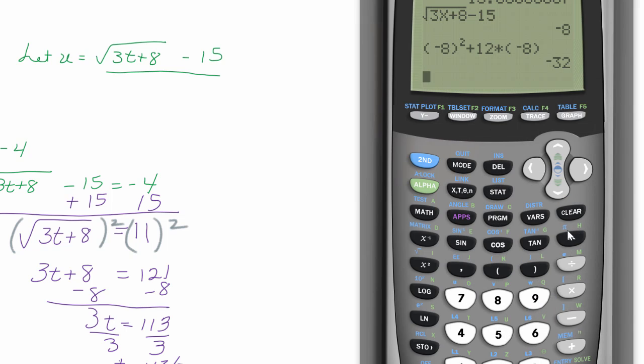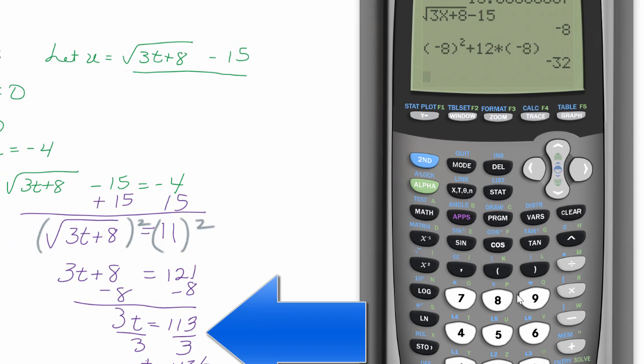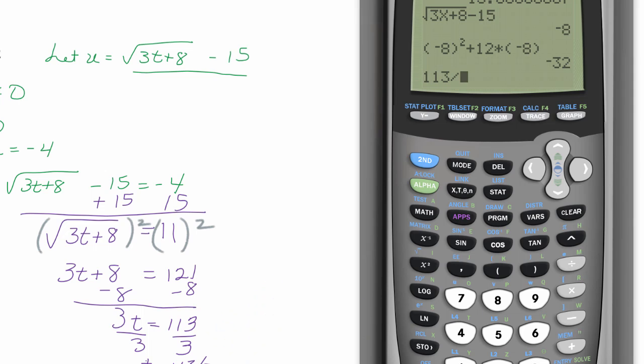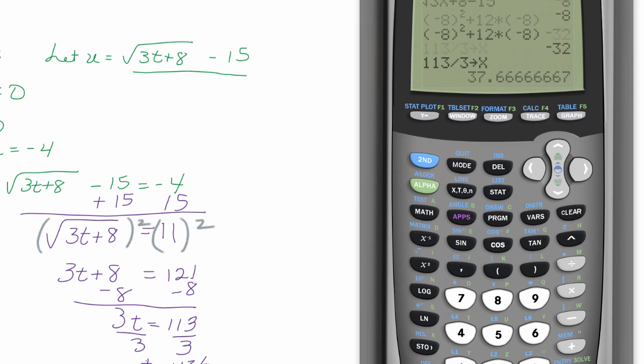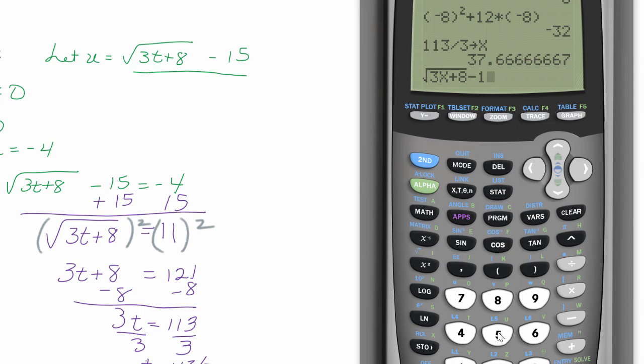Okay, and now let's check the 113 over 3. So now we're going to do 113 divided by 3. We're going to store that in x. And we're going to see what this big square root of 3x plus 8 minus 15 is.